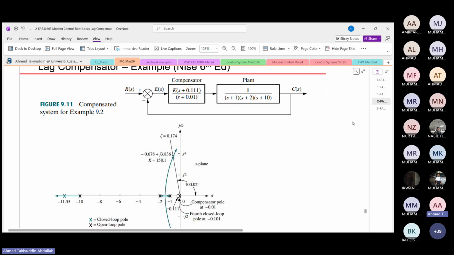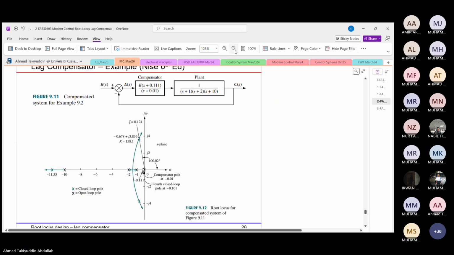This is the pole that you have after you redraw the root locus with the lag compensator. You add in the lag compensator that you have had, and then you redraw it. And these are the poles we are talking about: the third pole is minus 11.55 and the fourth pole is minus 0.101.